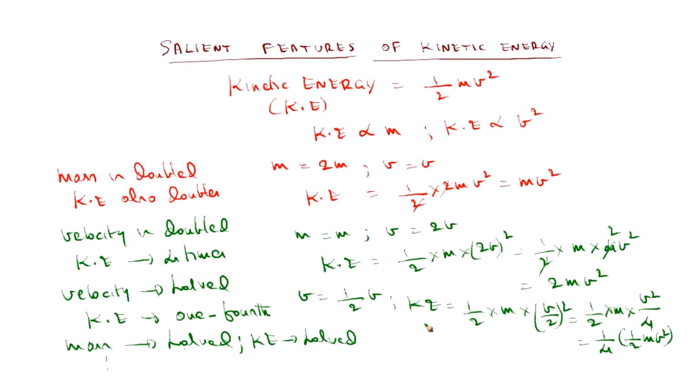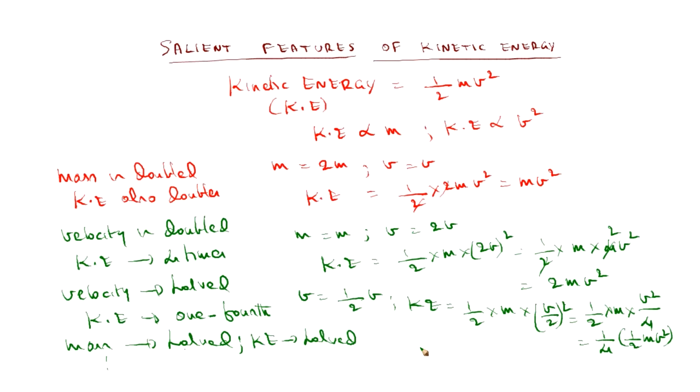We can also say that doubling the velocity has a greater effect on the kinetic energy of a body than doubling the mass. Why? Because velocity is squared in the expression.